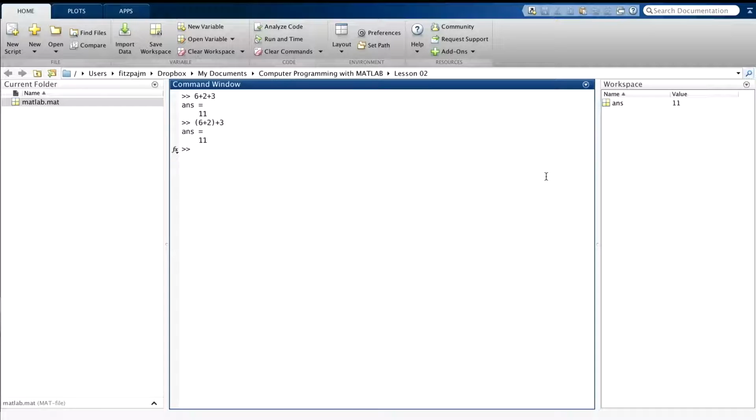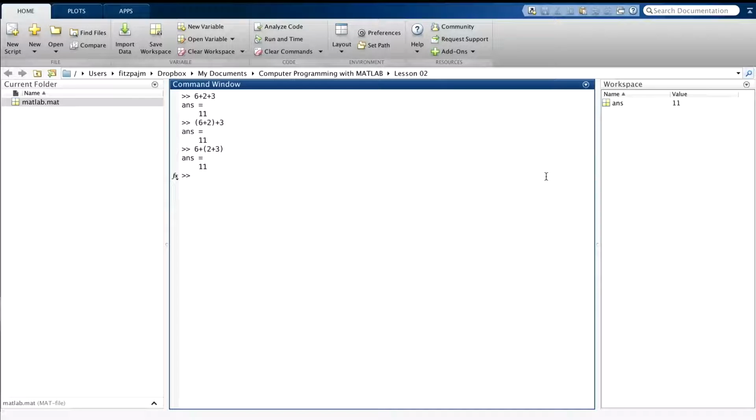And of course, since we have 2 pluses, they have to have the same precedence. But you can't tell with addition. If we force right to left order with parentheses like this, we get the same result, as you knew we would.